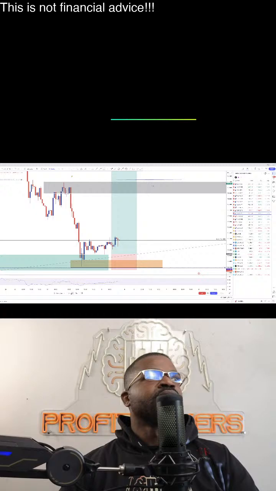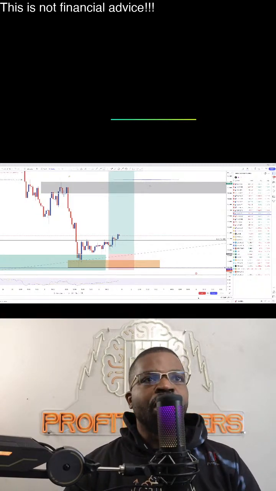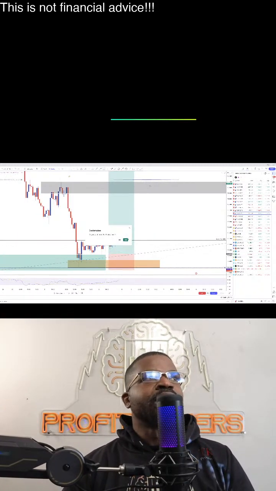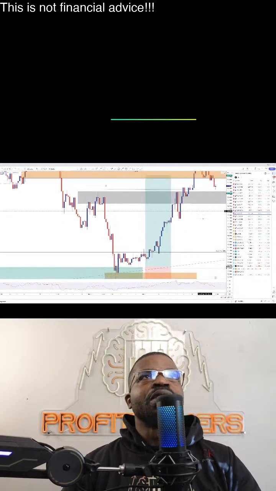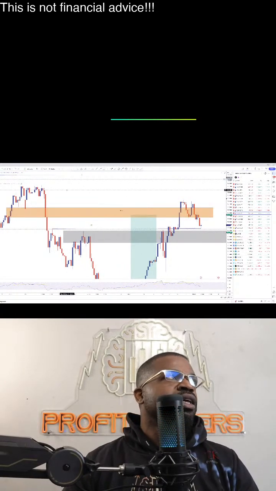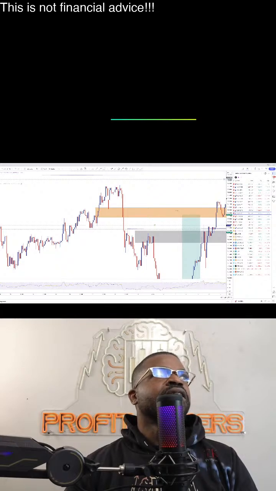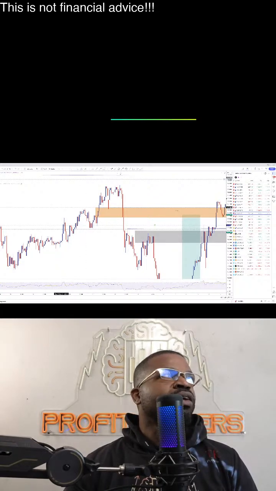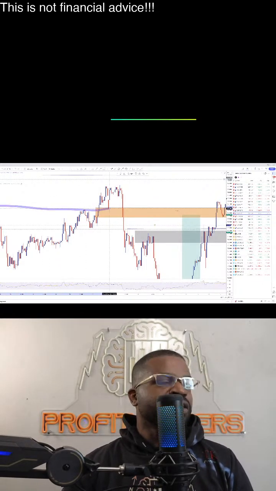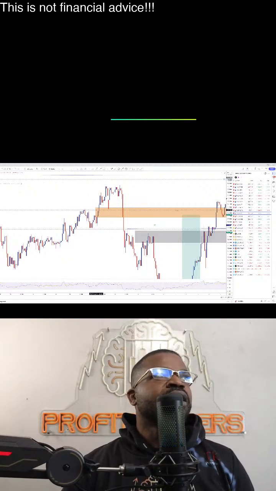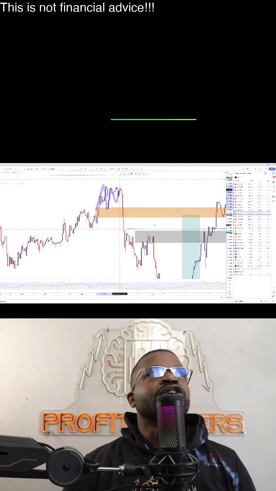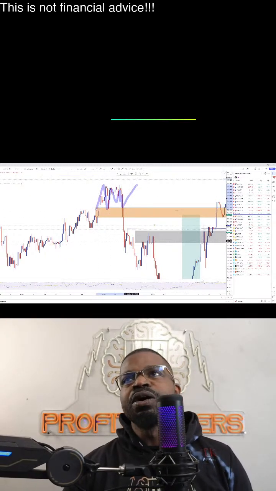This thing kept going and ripped to the upside, and we hit all targets. Right now, we're at the area where we had our third target hit. I made this zone a target area because price struggled to break above this area when it was beneath it, and once it got above it, it used it as support.